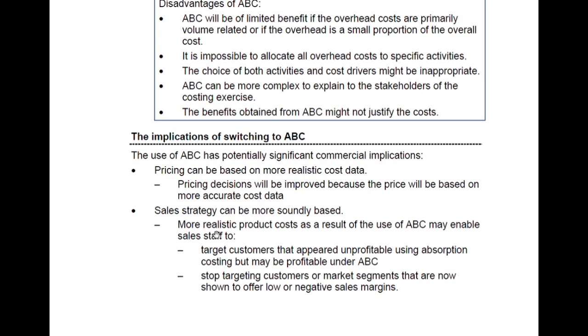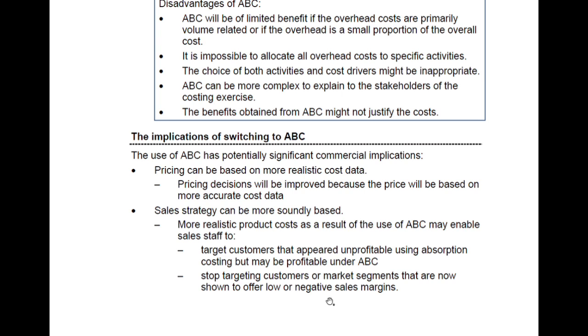More realistic product cost as a result of the use of ABC may enable sales staff to target customers that appeared unprofitable using absorption costing but may be profitable under ABC. Stop targeting customers or market segments that are now shown to offer low or negative sales margin.